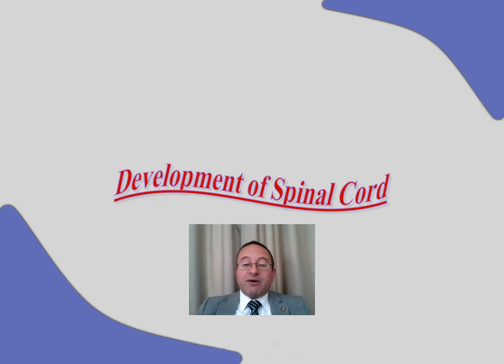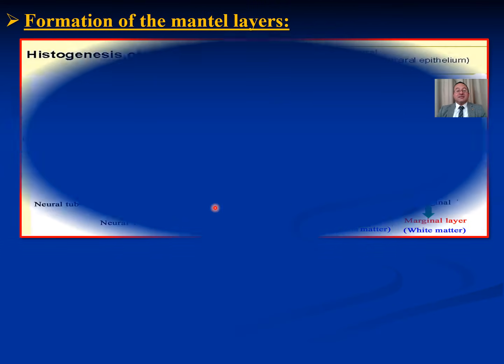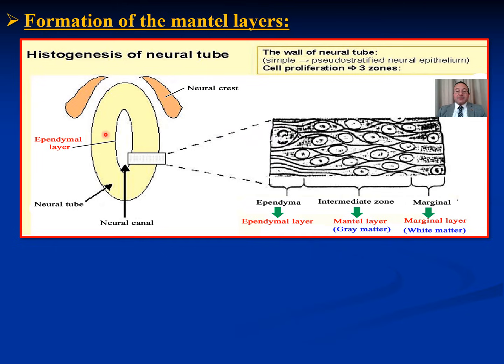Now we'll talk about development of the spinal cord. There are some changes that occur in the part of the neural tube that forms the future spinal cord. What are these changes? As we see here, the inner lining of the neural tube is called ependymal layer.